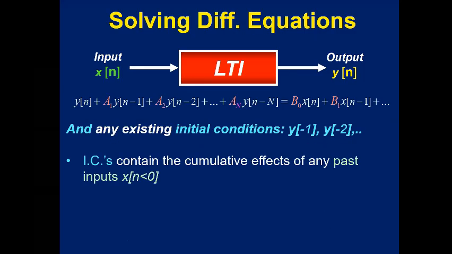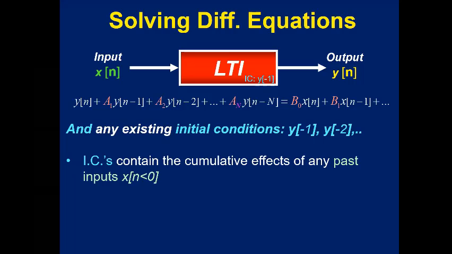Those existing initial conditions are the result of previous inputs, things that came in before index n equals 0, stimulated the system, created a response, and the system is finishing off some response to that. Now, we saw last time there's a whole class of systems called IIR, Infinite Impulse Response systems, who, if you hit them with a unit sample sequence, and therefore with any sequence, their output never quite goes back to zero.